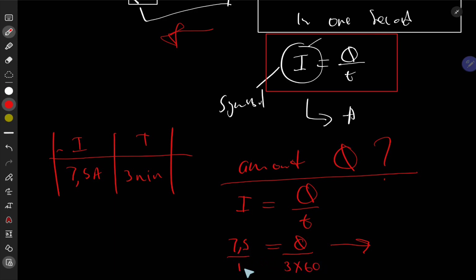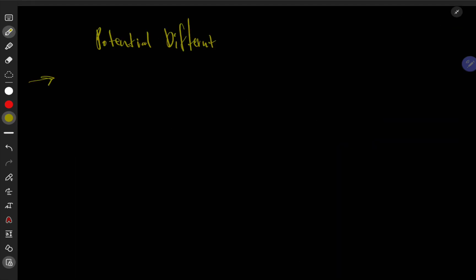There's a 1 here, multiplied by Q gives Q. This 3 times 60 multiplies the 7.5, and if you did very well on your calculator, you'll get 1350 coulombs. Remember, charge is measured in coulombs, a capital letter C.